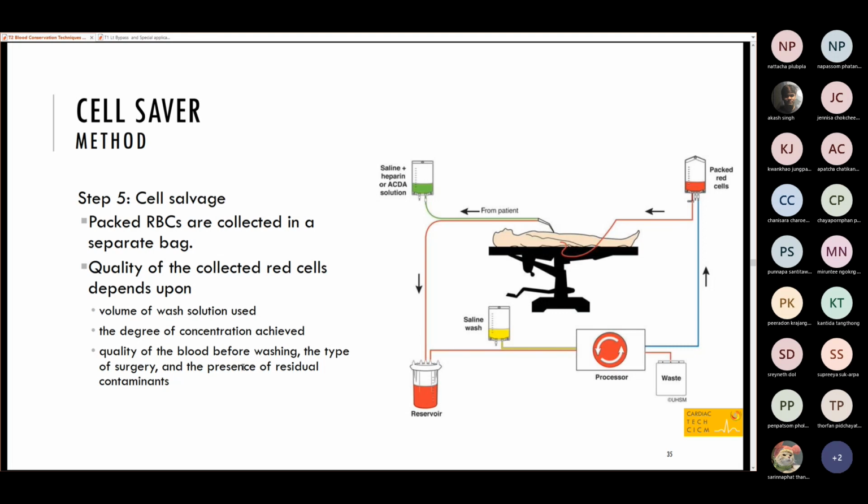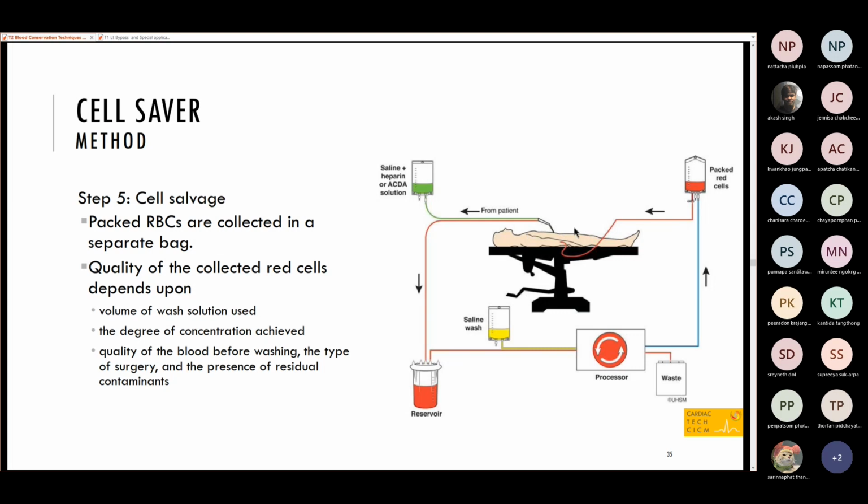Okay, so if we are concerned about the quality of the collected red blood cells, it depends on the volume of washing solution that we use to wash, and the degree of concentration achieved. I mean, it means the hematocrit that we receive from the patients.